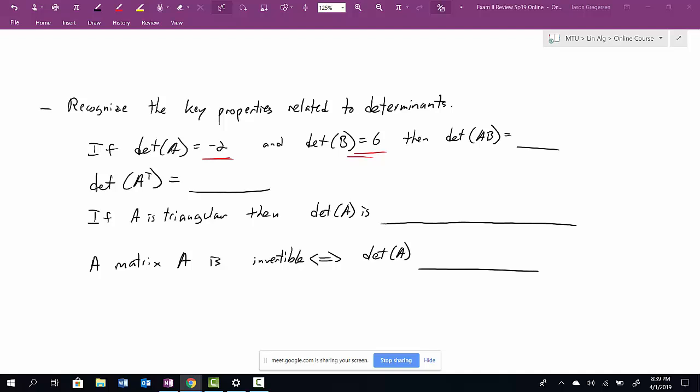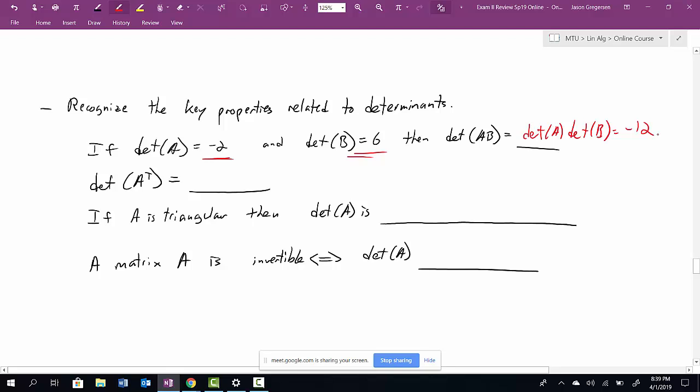Or turn your mic on, either way. Determinant of A is negative 2, determinant of B is 6, determinant of AB is... All right, negative 12, absolutely. Because the determinant of a product is the product of the determinants. That's our product. So now we can just write negative 12.